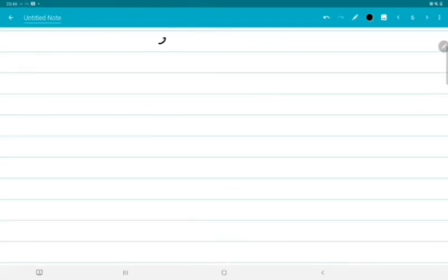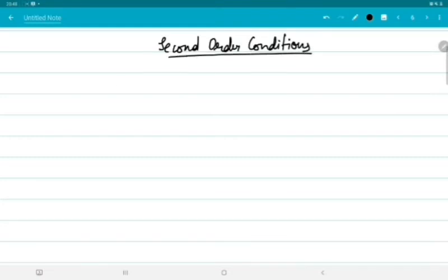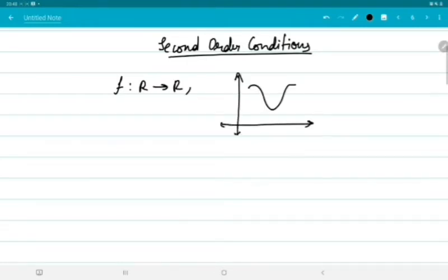In a similar way we can talk about the second order conditions. For a function which is defined from R to R, the second order conditions are fairly simple. If the function looks like this, we say that if the slope at a point is 0, then at that point the second derivative should be positive.